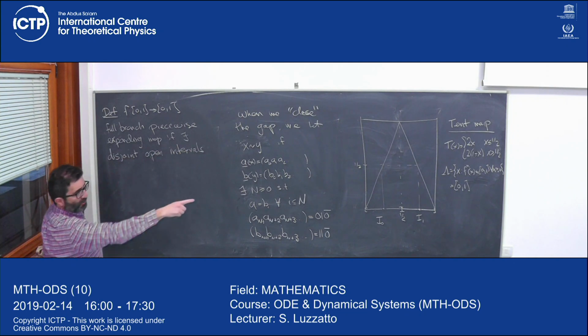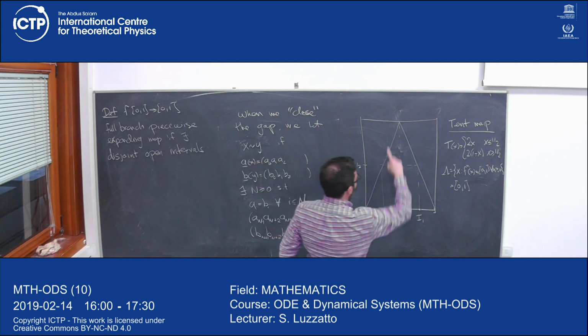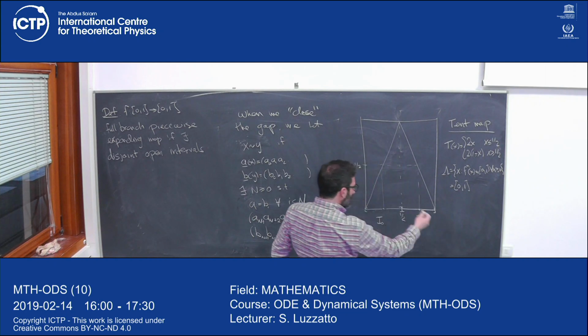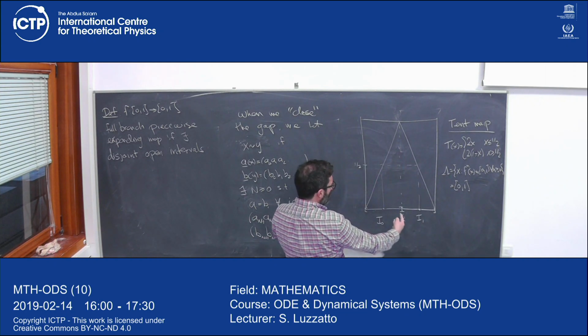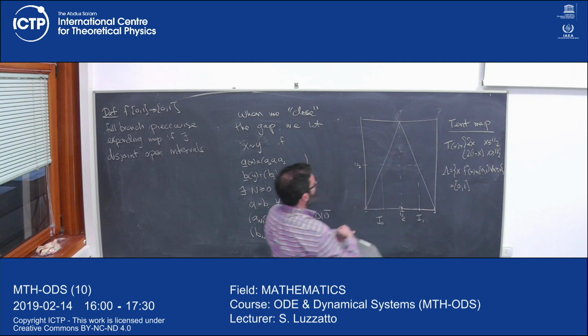So it's a little bit tricky to say. I want to describe this situation here. I want to describe the fact that I have intervals that intersect only on the boundary, and inside each interval you have a diffeomorphism.